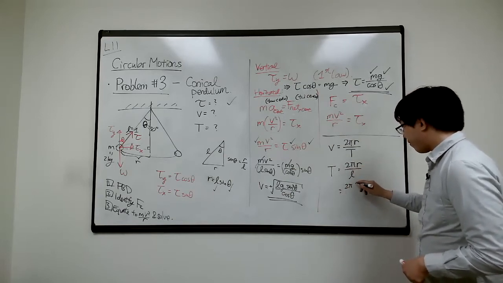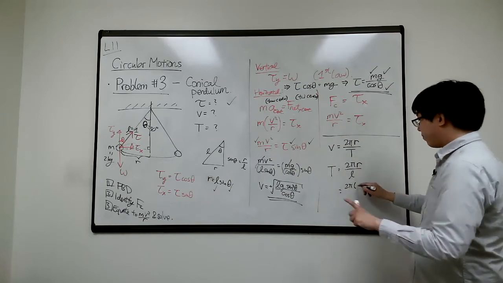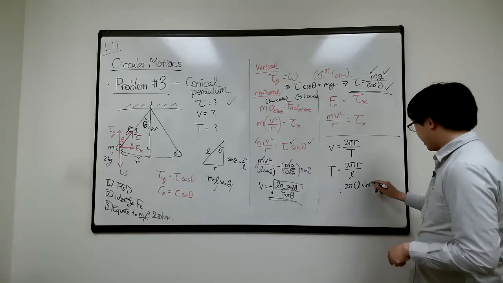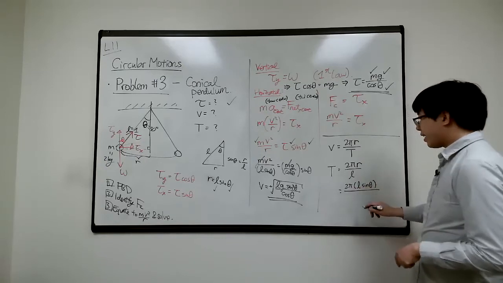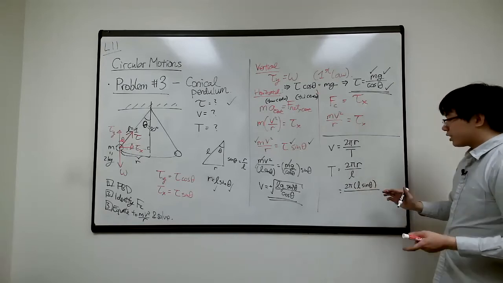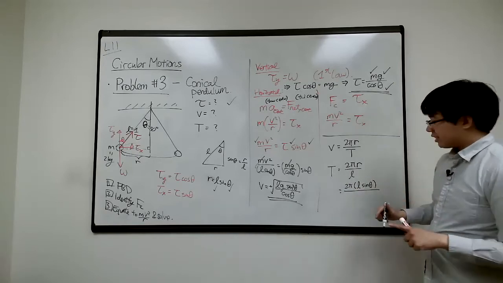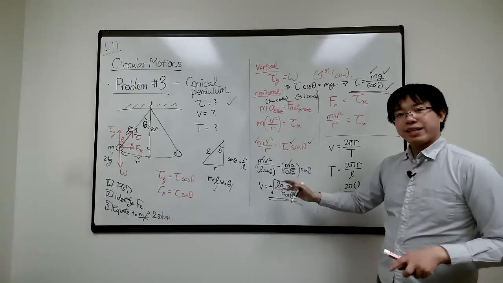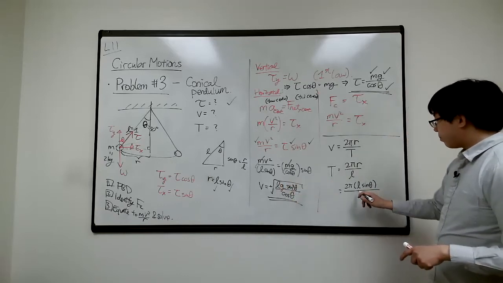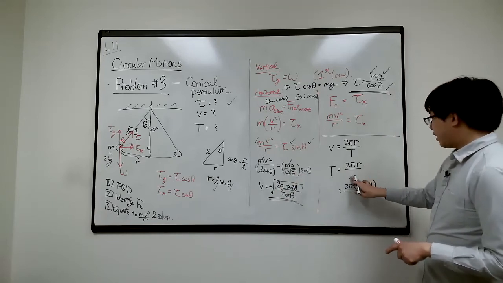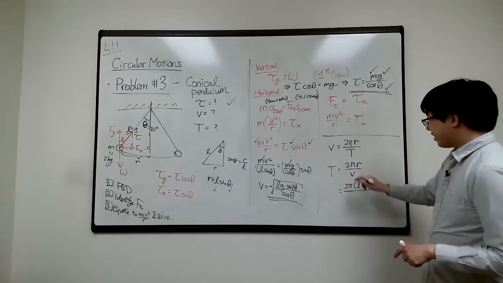And as a general advice, as you can see, try to keep things in variables. Of course, in an exam, r is L sine theta. In an exam, you can do either way. You can plug in the numbers, but this will usually get you more marks, more partial credits because it's traceable. Because if you plug in a number over here, every step you're just producing numbers. Divide by, not L, divide by v.